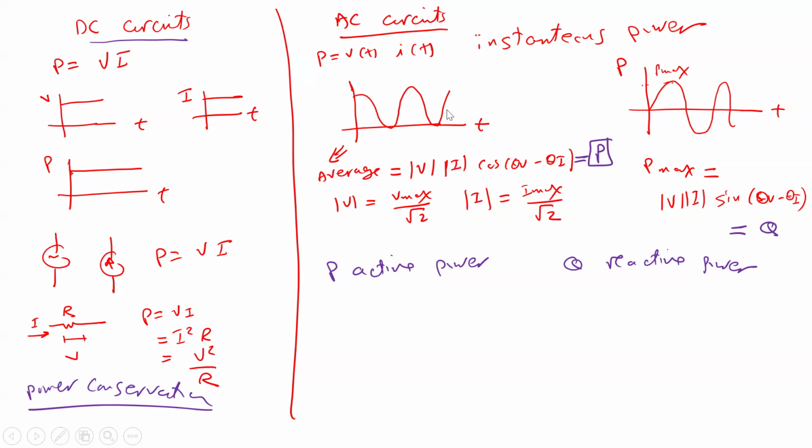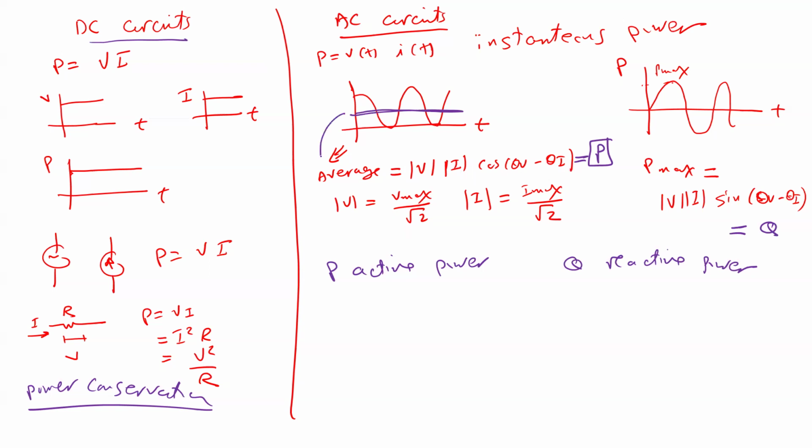This first component we call P, or actually its average value equals V times I cosine of theta V minus theta I. Here V is the magnitude of V in the complex domain, and this gives you the average value.